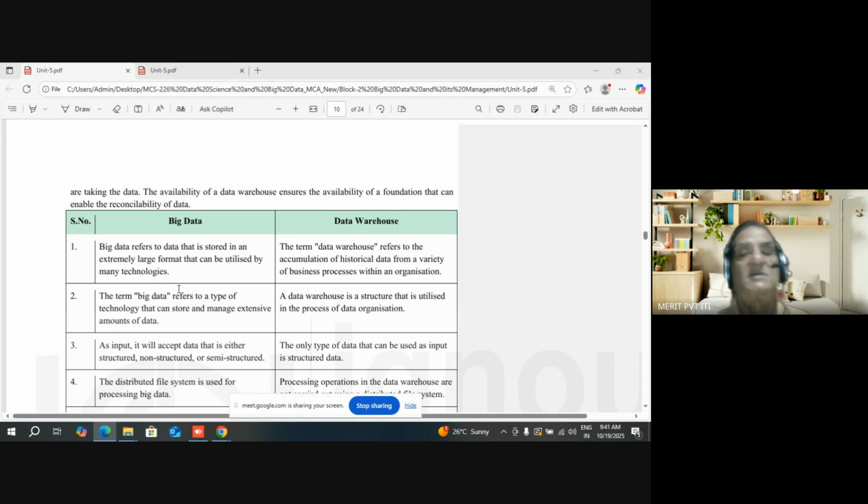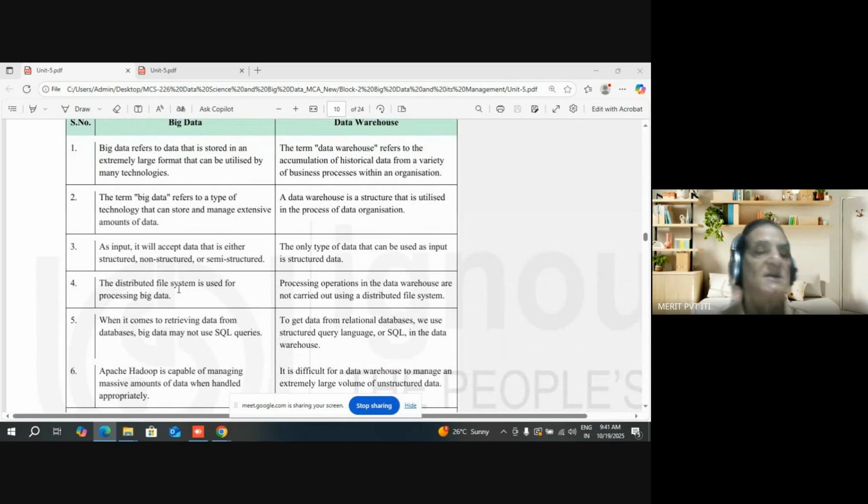A data warehouse is a structure that is utilized in the process of data organization. As input, big data will accept data that is structured, non-structured, or semi-structured. The only type of data that can be used as input for a data warehouse is structured data, because a data warehouse has structured data. The distributed file system is used for processing the data.